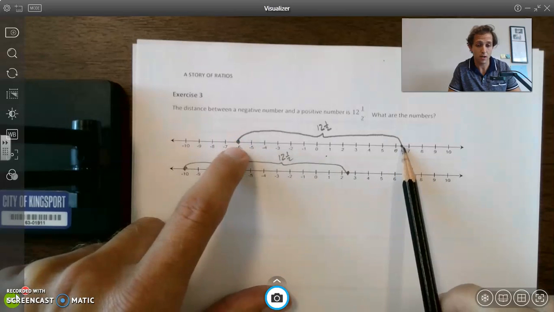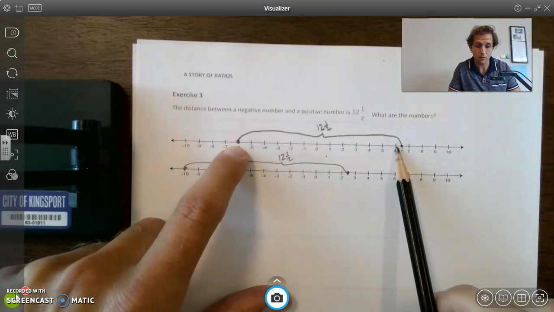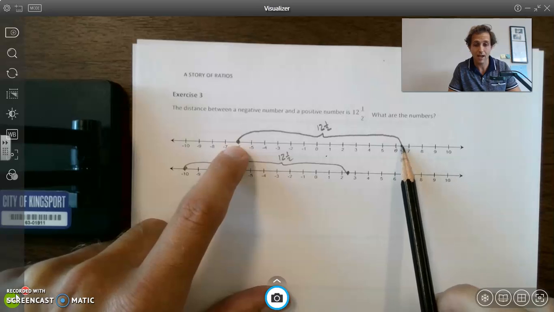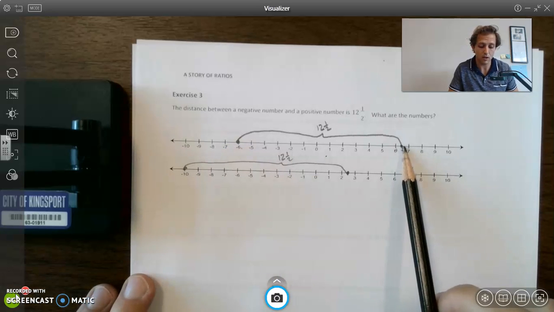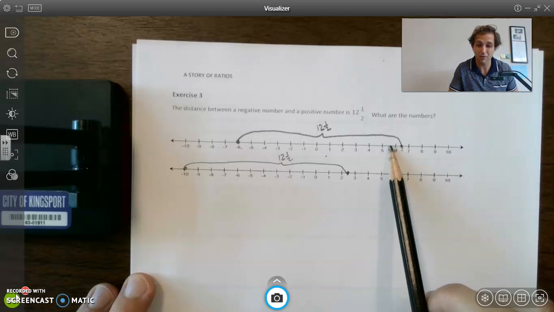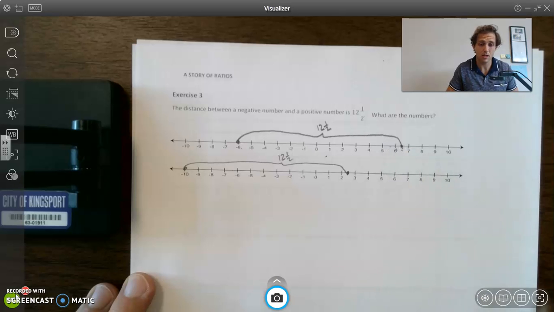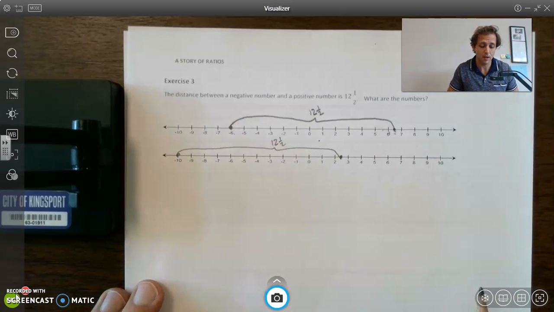So if we started at -6, we would travel 12 to get to 6. We need to go another half of a space to get to 6.5. One common mistake would be maybe to put it at 5.5, because you would go 12, and then sometimes we get a little confused on which side of the number the half should be on.